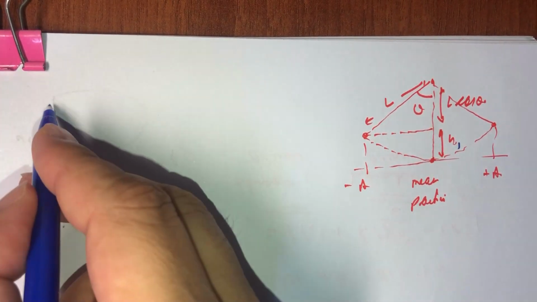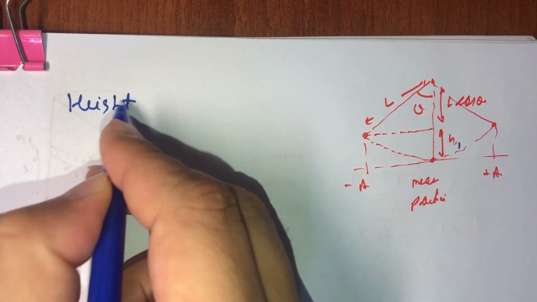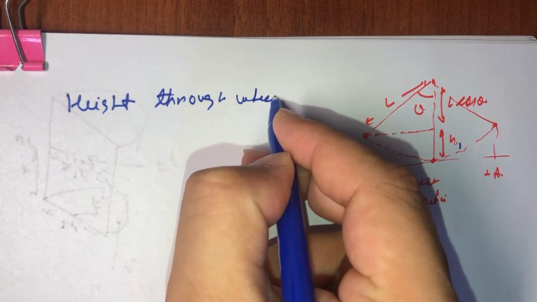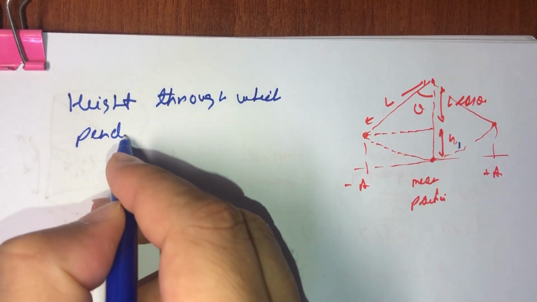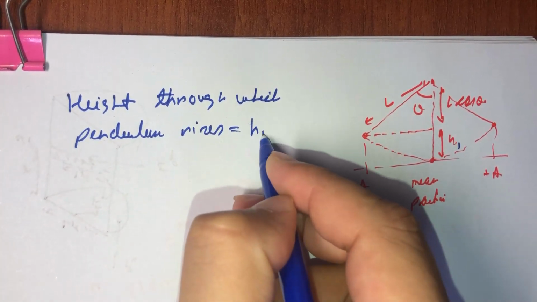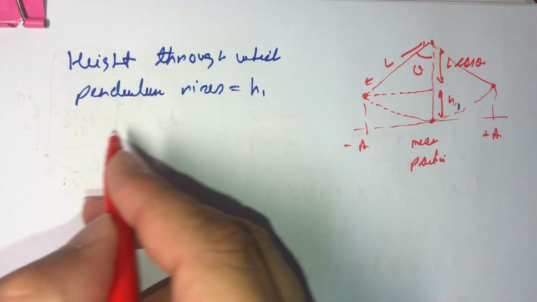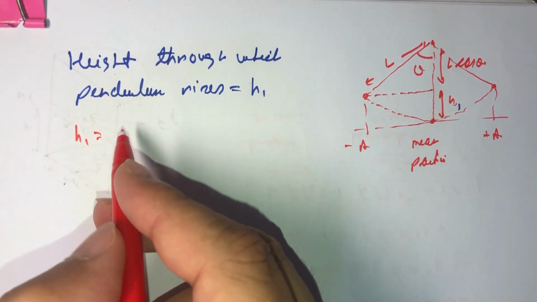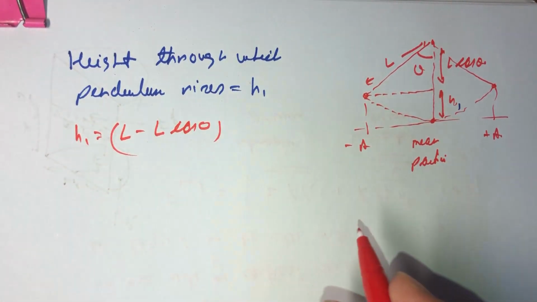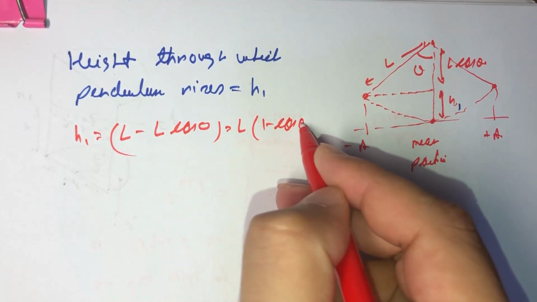You can see the height through which the pendulum rises is given as h1, and we can find out h1 will be equal to L minus L cos theta. Taking L as common, this will be L(1 minus cos theta).